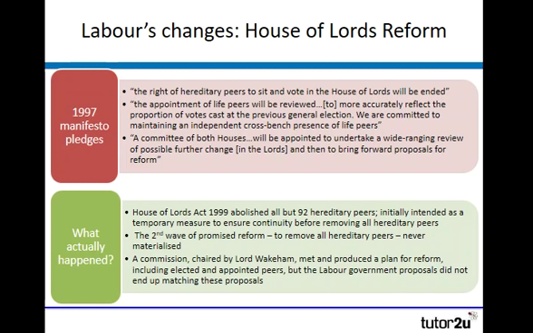They abolished all but 92 of those hereditary peers, but this was initially intended just as a temporary measure in order to ensure some continuity before removing all of those hereditary peers. As it says there at the bottom, that second wave of promised reform, removal of all hereditary peers, never materialised. And as we work through this topic video, we'll explore some of the reasons why that might be the case.